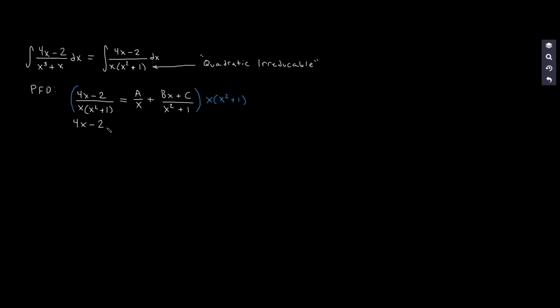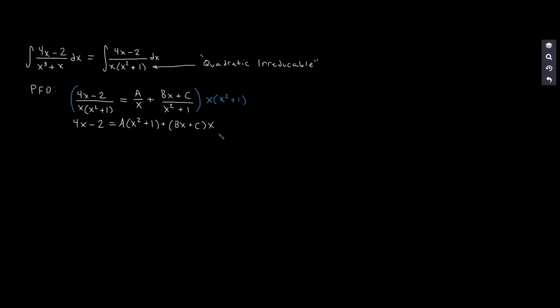So we're going to have 4x minus 2 equals, well, these x's are going to cancel right here. So we're going to have a times x squared plus 1. And then the x squared plus 1 over here are going to cancel. And we're going to have plus b times x plus c times x.